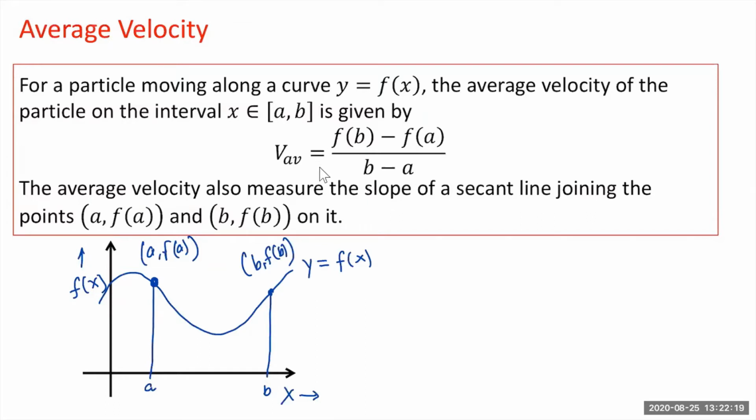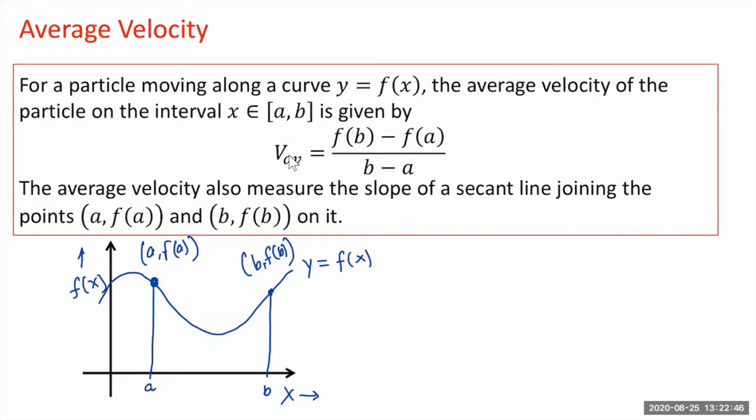When you look at this formula carefully, f of b minus f of a is the change in y coordinate, like y2 minus y1, divided by b minus a, the change in x coordinate, x2 minus x1. That means this is change in y over change in x, and you know that change in y over change in x is the slope.